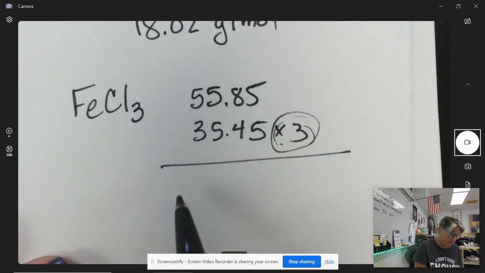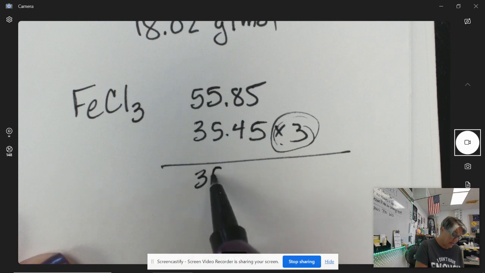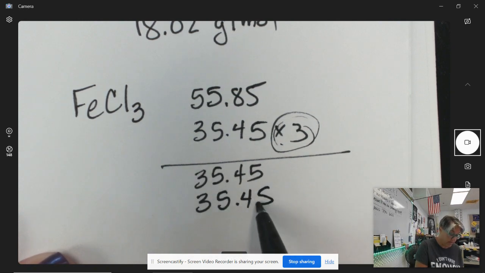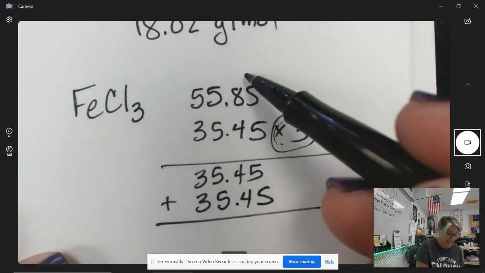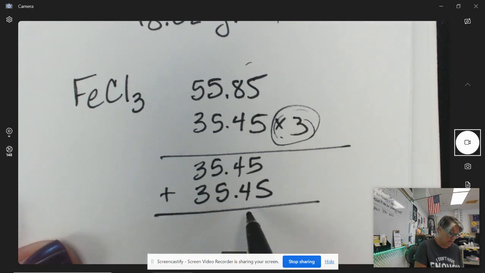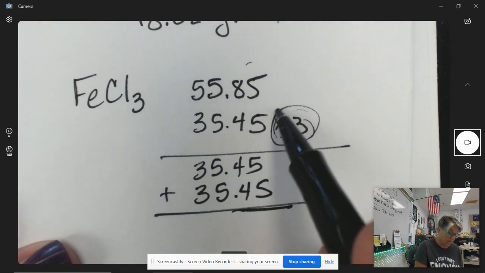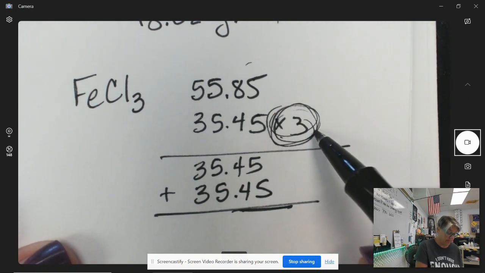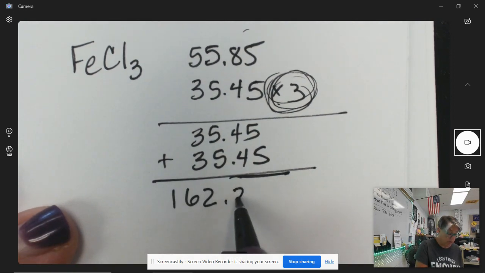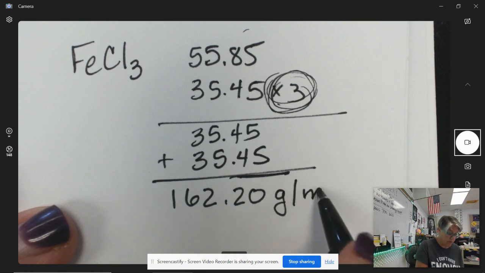That's the same thing as adding 35.45, 35.45, right? So I'm still adding up multiple numbers. I'm still going with the sig fig rules, right? So this was just a shortcut to get to my 162.20 grams per mole.